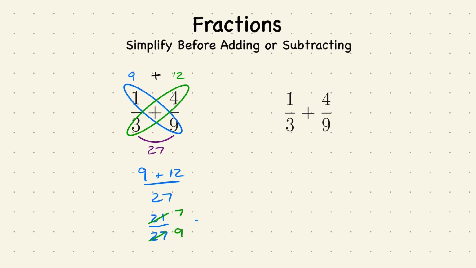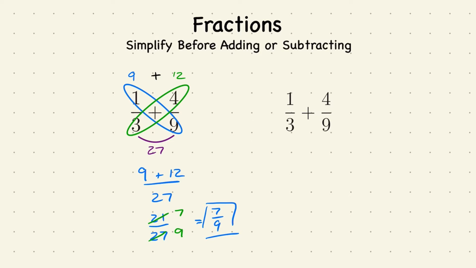So our final answer becomes 7/9. And this is how we add fractions without finding the least common denominator, using the crosswise multiplication method. Here, I'm going to use the technique of simplifying before adding or subtracting on this fraction again, but also still using the crosswise multiplication method.